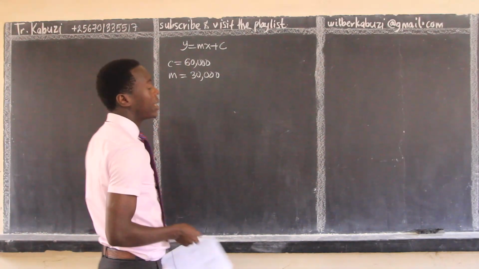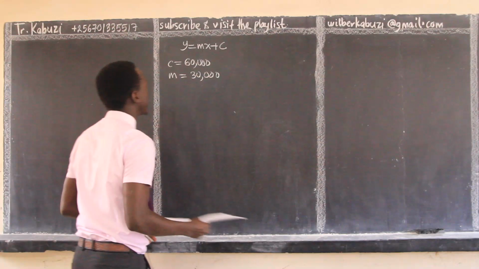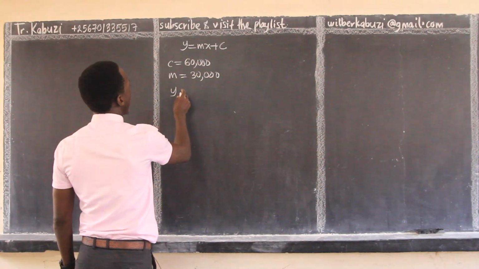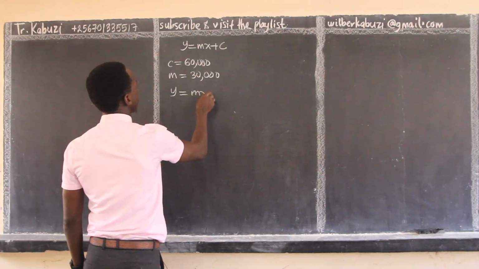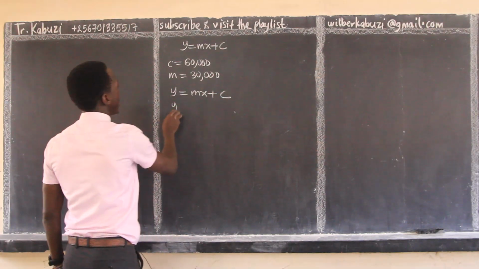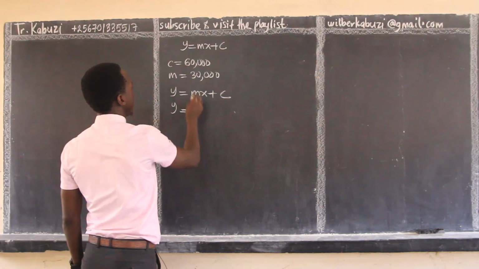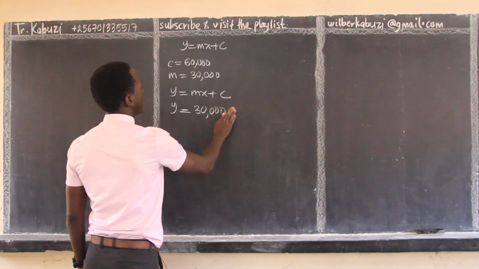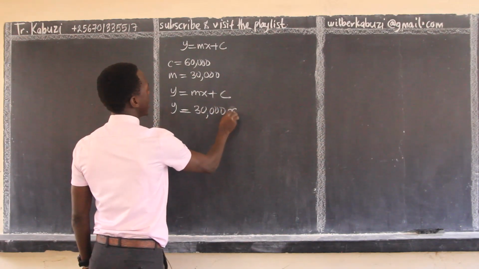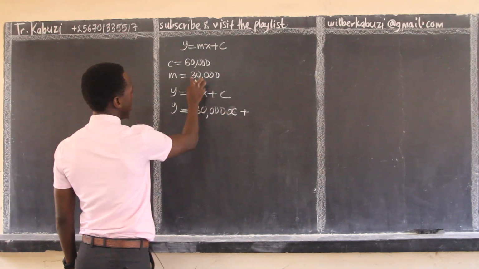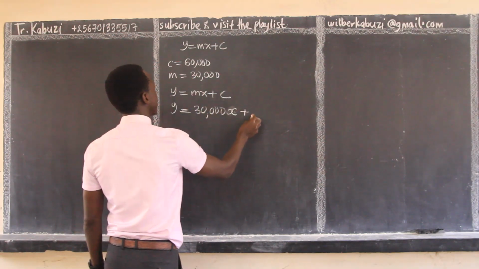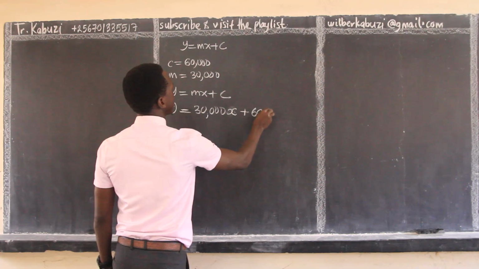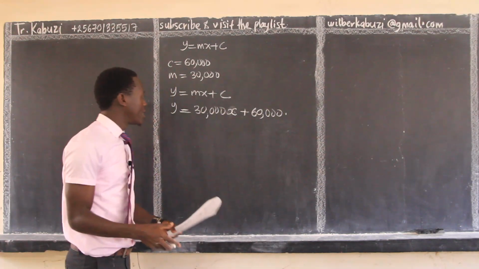So if I develop my linear equation, I say y equals 30,000x plus 60,000. So this is now the equation.